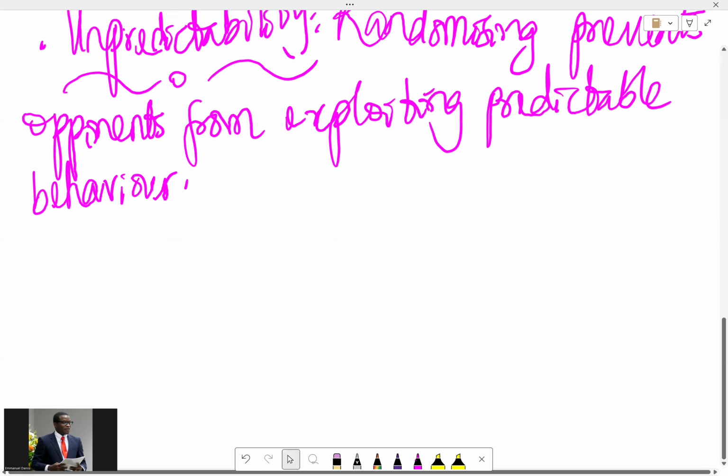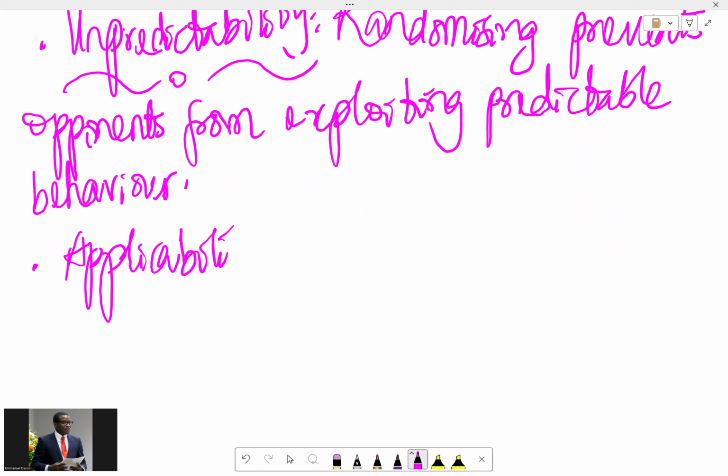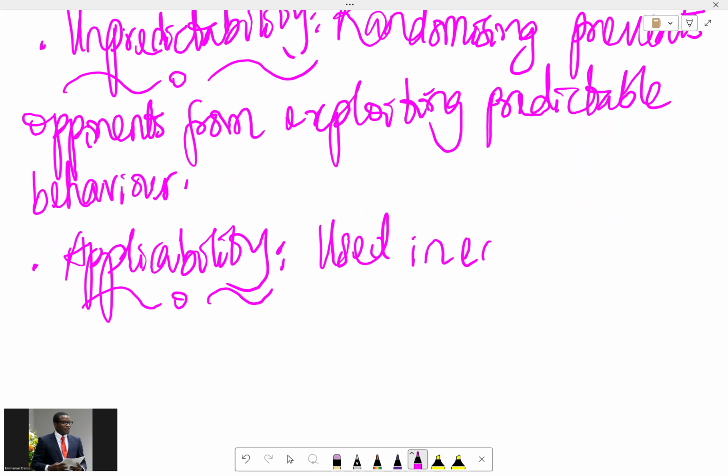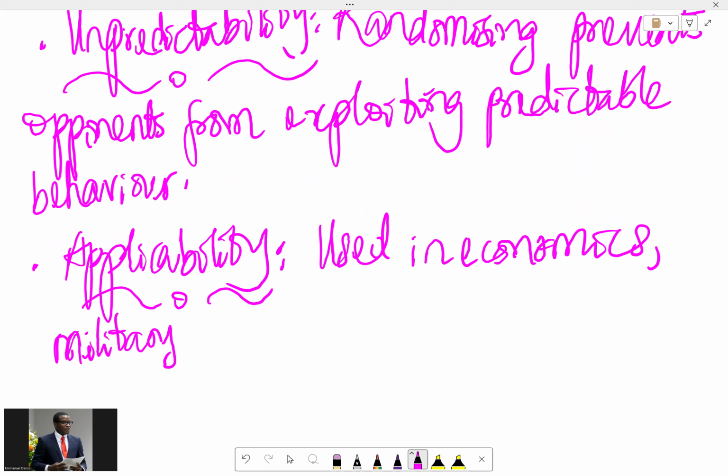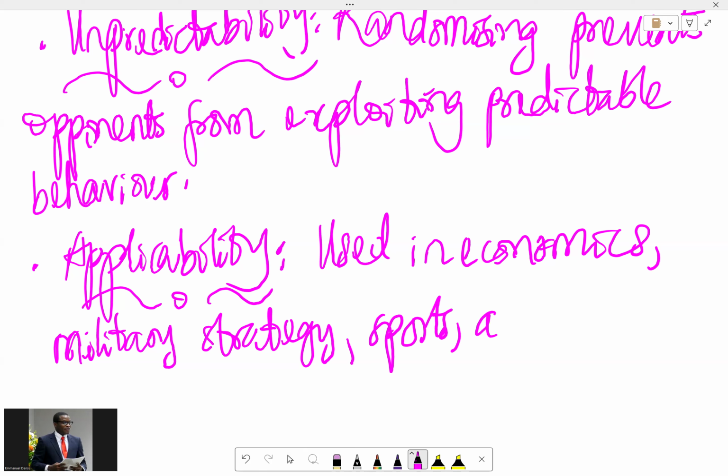And then the other part is the applicability. This kind of idea is used in economics and military strategy. It's particularly important in the military that your opponent doesn't know what you are going to do. It is used in economics, military strategy, sports, and more.